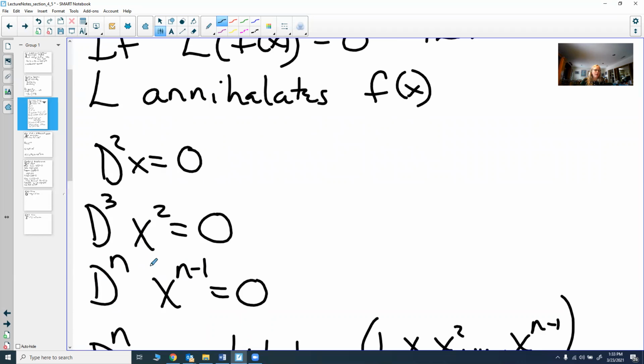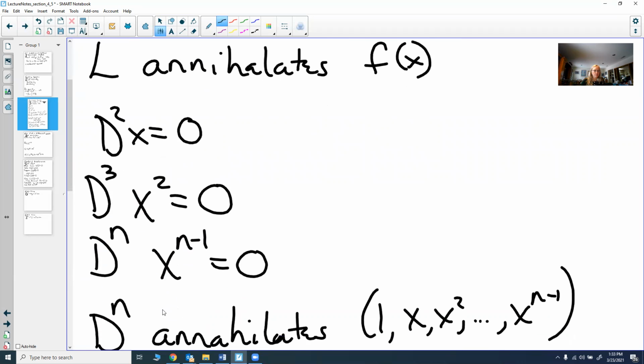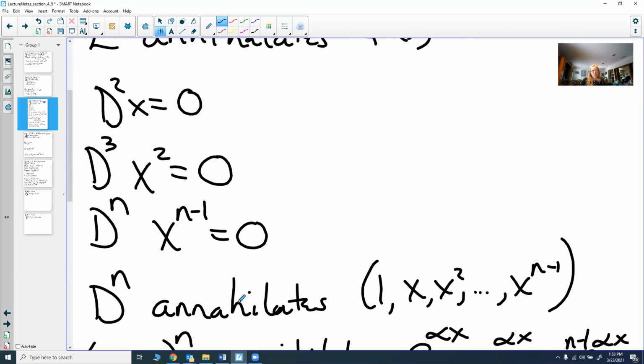So in other words, the operator D to the n will eliminate any x to the n minus 1 function. In fact, D to the n, the nth derivative operator, annihilates 1, x, x squared, all the way up to x to the n minus 1.